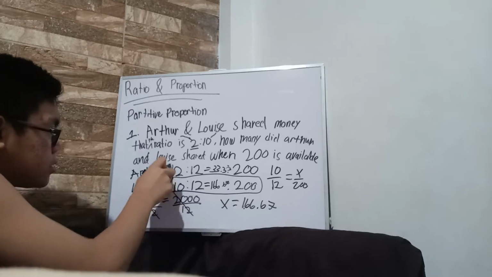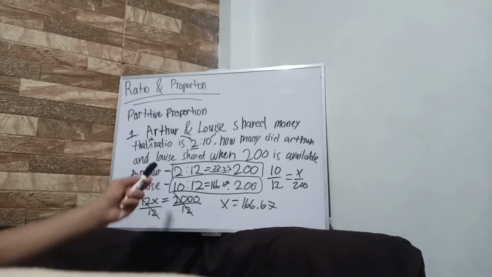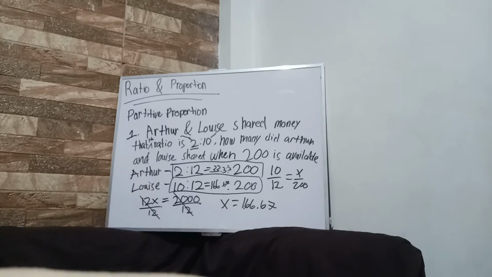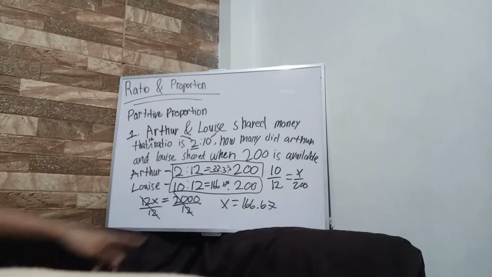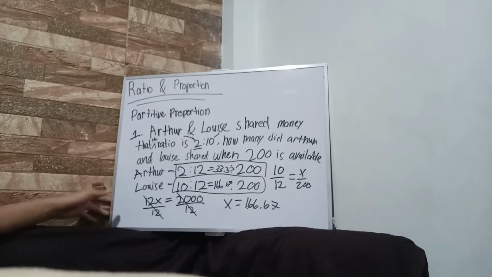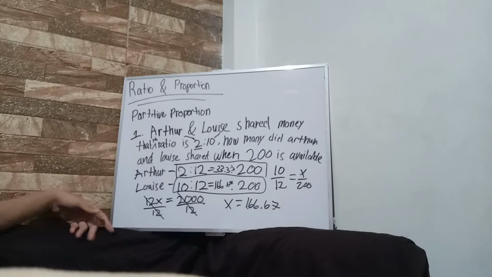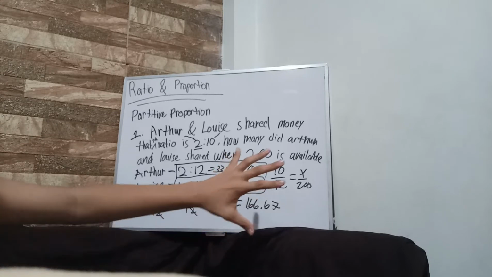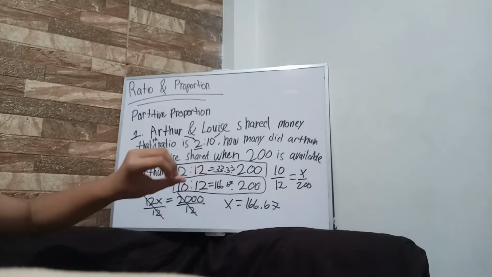And this one is for Arthur. How many did Arthur share? It's 33.33, or 2 is to 12 is equal to 33.33 is to 200. And for Luis, 10 is to 12 is equal to 166.67 is to 200. That's what the whole thing looks like.